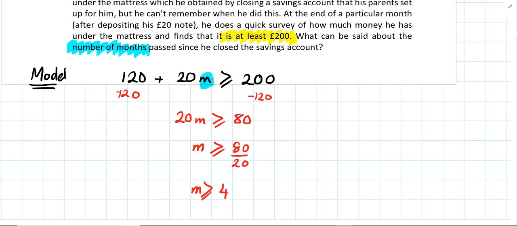They don't look at it and ask, in the context of the problem I'm solving, does that make sense? So m is greater than or equal to 4, so the number of months is going to get bigger than 4, because the money will keep going up. At least 200 doesn't mean I'm getting less than 4 months. Okay? Make sense? Easy.